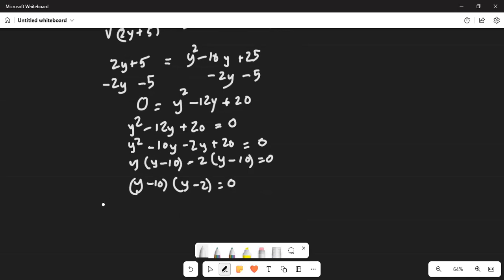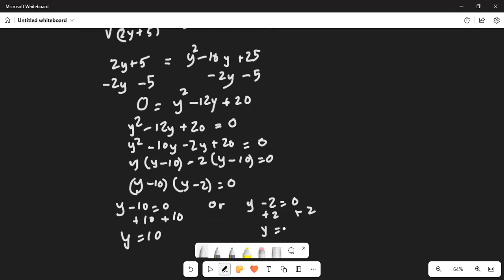So the two possible solutions: y minus 10 is equal to 0. That means if I add 10 on both sides, y is equal to 10, and or y minus 2 is equal to 0. I add 2 on both sides, then y is equal to 2.